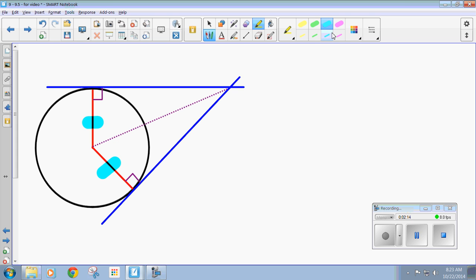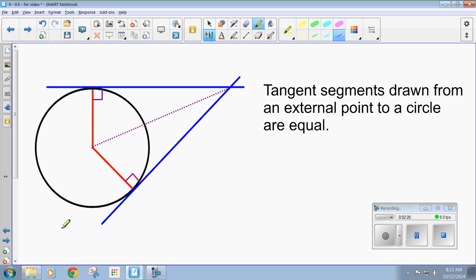So in this picture, we have two triangles that are identical. Pause the video and copy this information down. The tangent segments, the blue lines drawn from an external point to the circle, are both going to be equal.